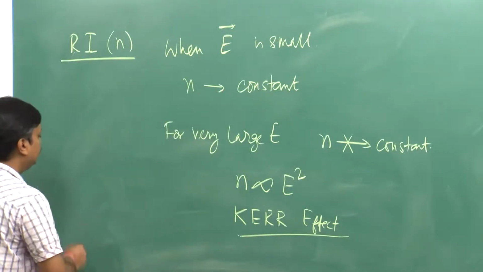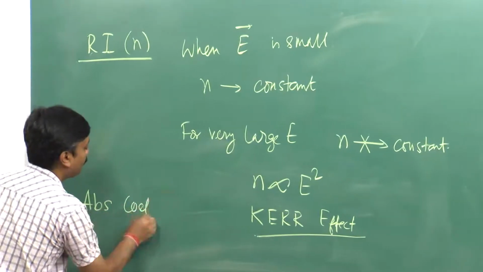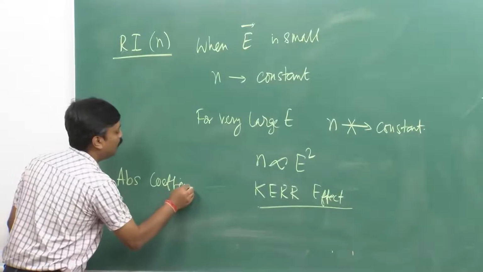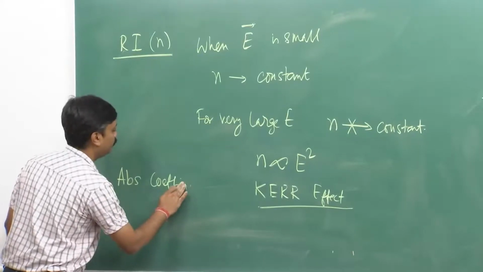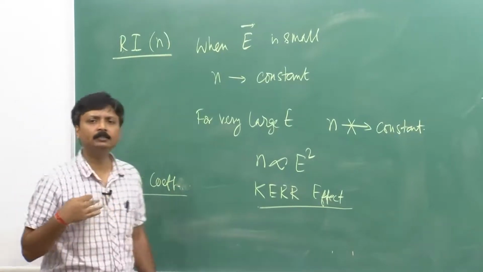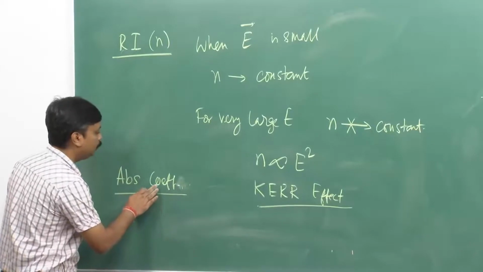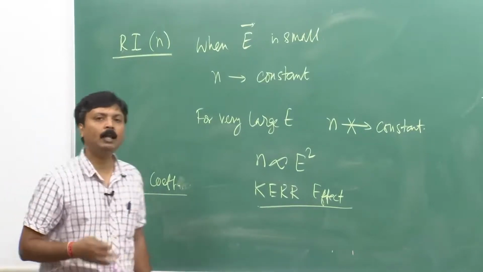Another example is the absorption coefficient. As long as the intensity is very small, we can measure the absorption coefficient from Lambert-Beer's law.